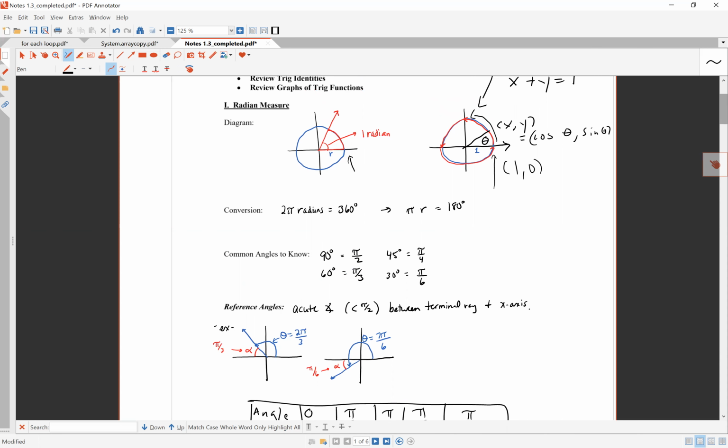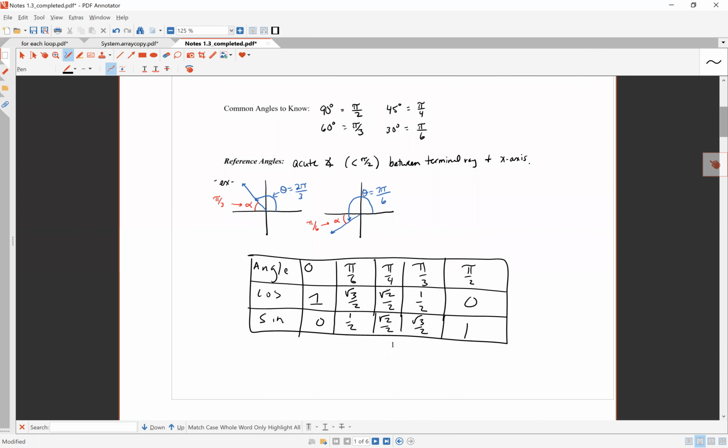The famous values, the most widely seen values for cosine and sine, are 0 and 1, square root of 3 over 2, square root of 2 over 2, and 1/2. As we go from 0 to pi over 2, the cosine goes from 1 to square root of 3 over 2.